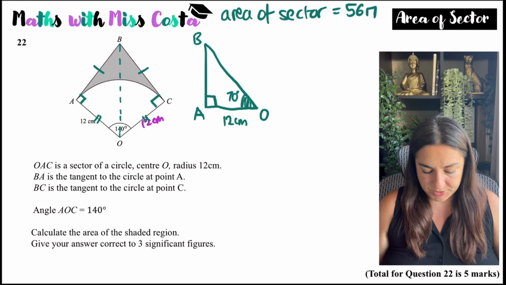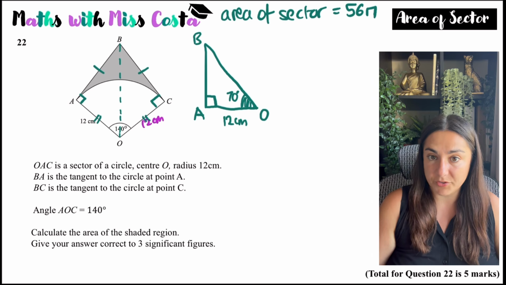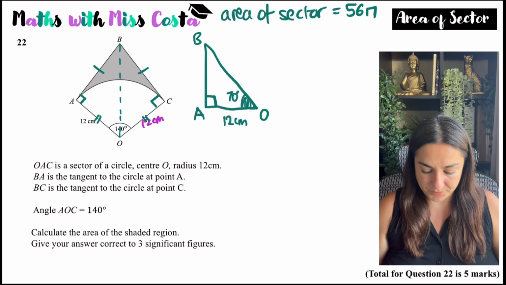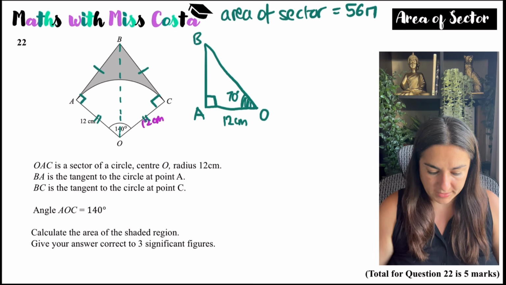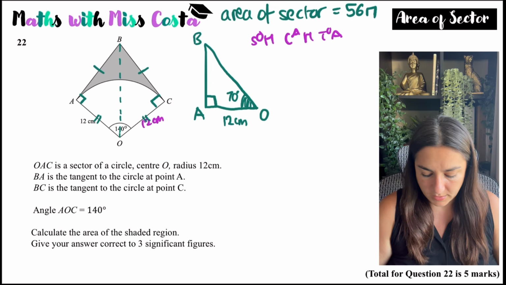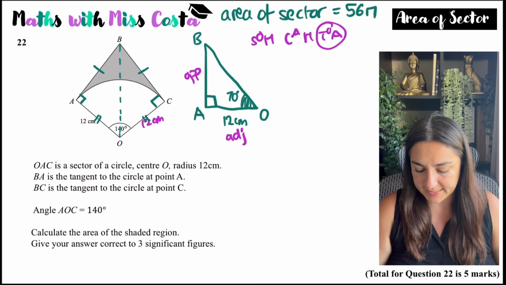So what I could do is figure out what AB is, because to work out the area of a triangle, we just do base times height divided by 2. So using trigonometry, I've got SOHCAHTOA, I've got the adjacent, and I want to work out the opposite. So adjacent and opposite is tan.